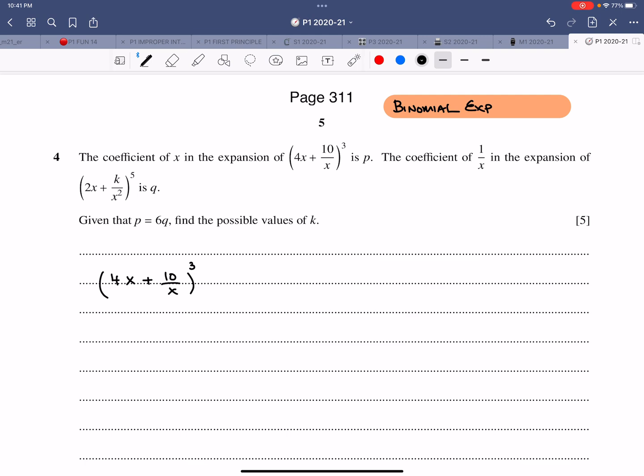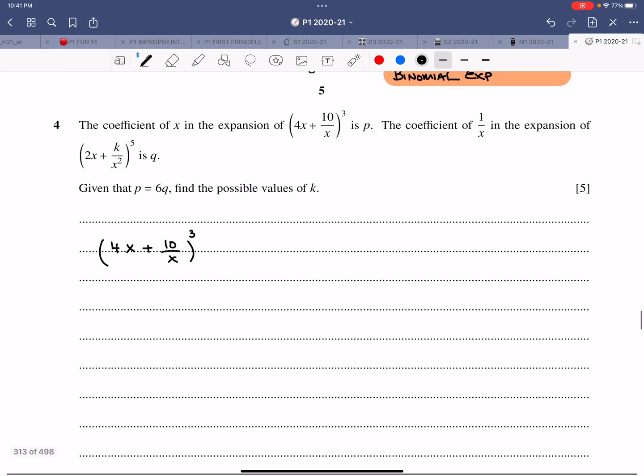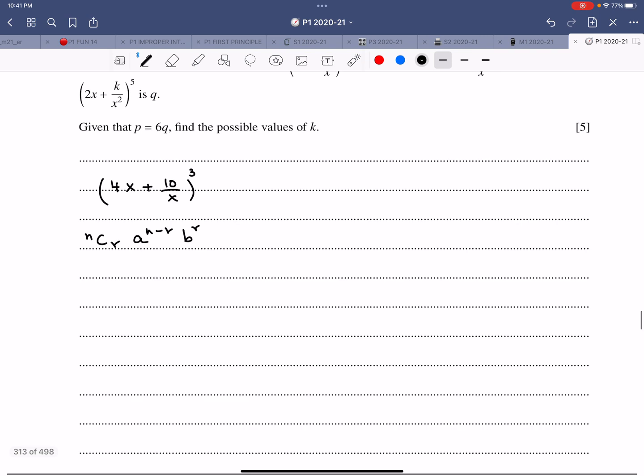How do I find the coefficient of x? The 3-step method. So first of all, write nCr, a raised to power of n minus r, b raised to power of r. 3Cr. Actually, you can also write out the first 4 terms and one of them will be the coefficient of x. So you can do that, or you can follow the traditional way.